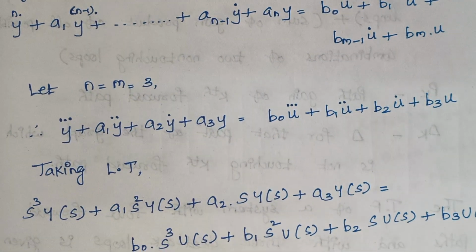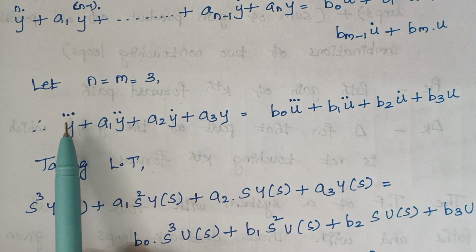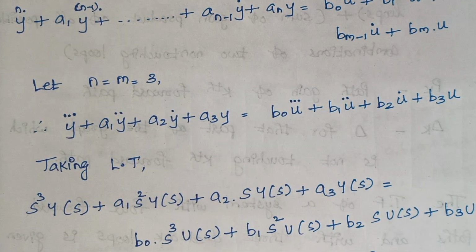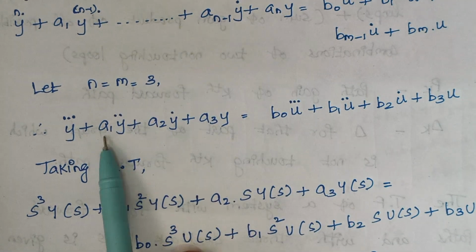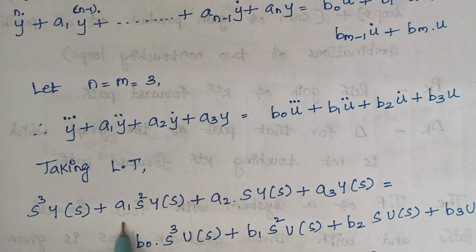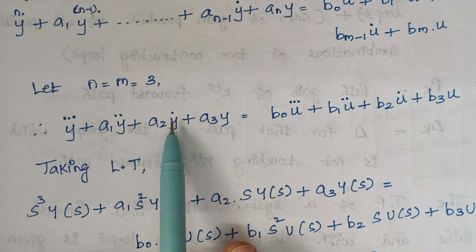So, when you take Laplace transformation here, that is here the y is differentiated thrice, right? That is d cube y by dt cube. So when you take Laplace, we will be having expression as s cube y of s plus a1 into s square into y of s and a2 into y dot.